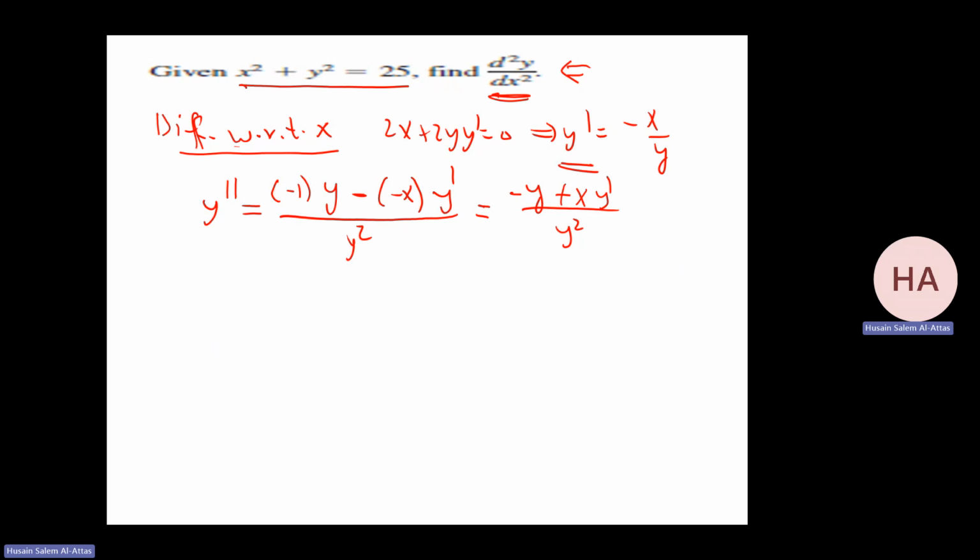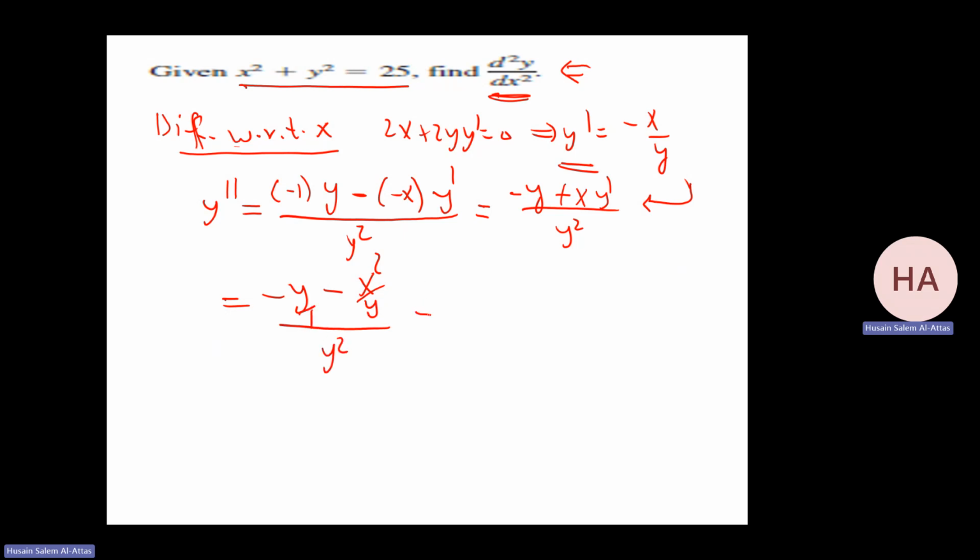I can plug y prime here and see what will happen. That will be minus y minus x squared over y, all over y squared. Now this is over 1.